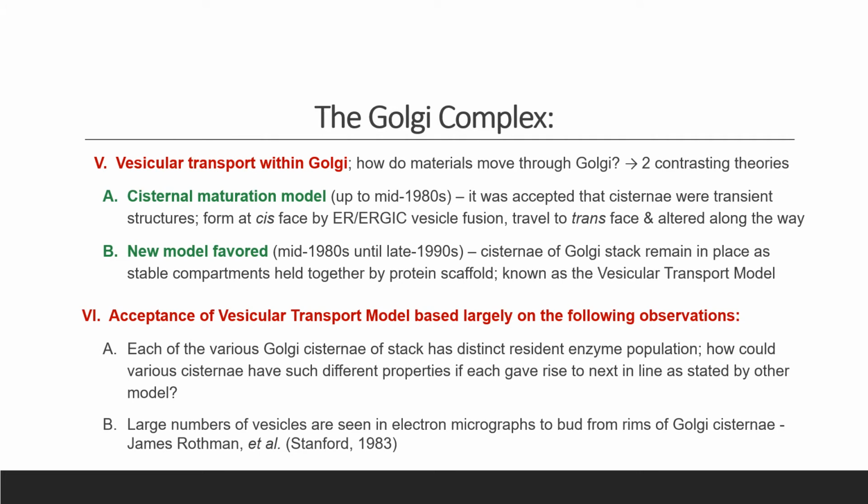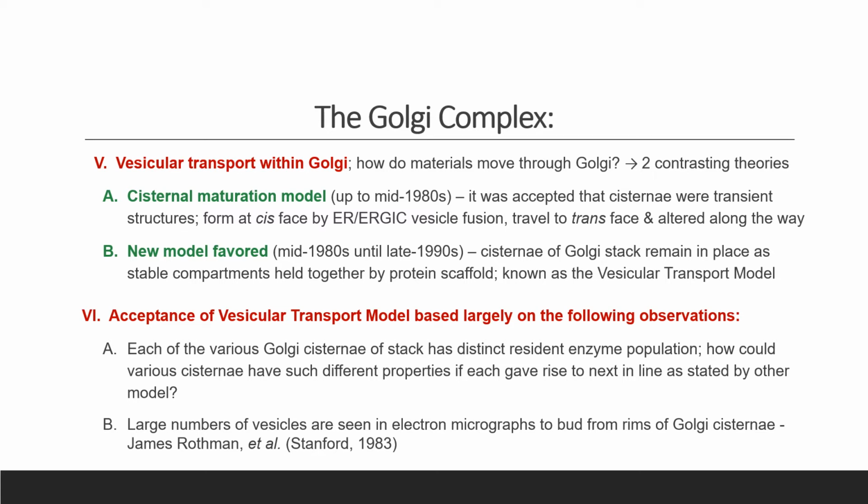Vesicular transport within the Golgi is supported by two contrasting theories. First is the cisternal maturation model, which was accepted up to the mid 1980s. It held that cisternae were transient structures that form at the cis face by ER or ERGIC vesicle fusion, travel to the trans face, and are altered along the way.